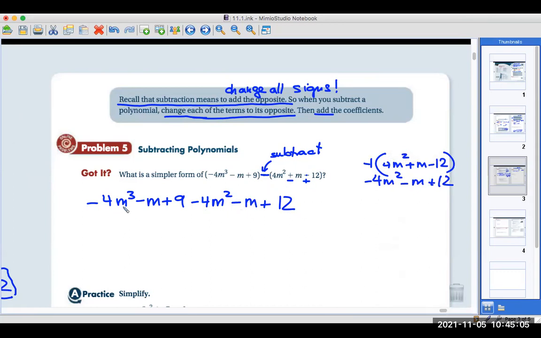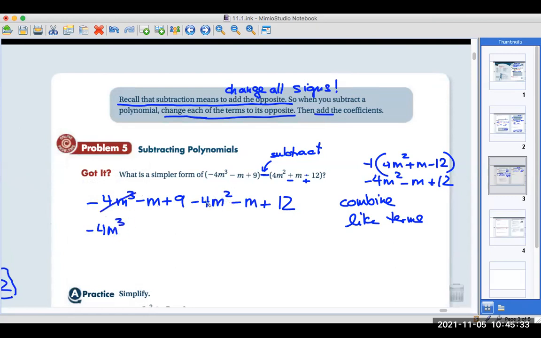Now let's look at like terms. Start with the highest power, okay? Combine like terms. Do we have a buddy for m cubed? Nobody. So just rewrite it. M cubed, nobody else to combine it with. And I like to cross out when I'm done with one.